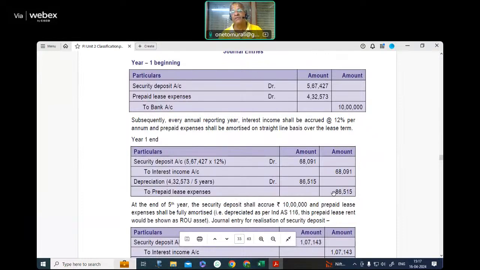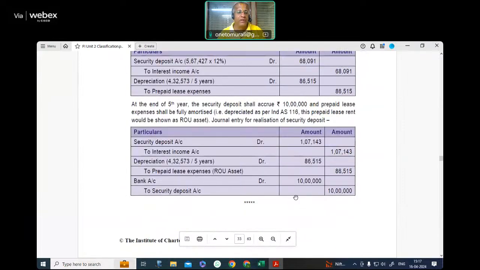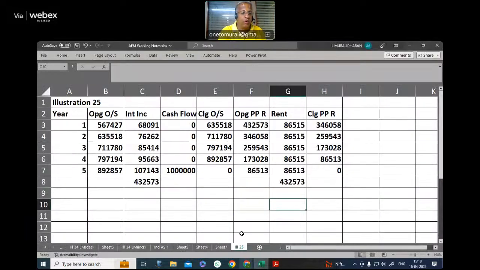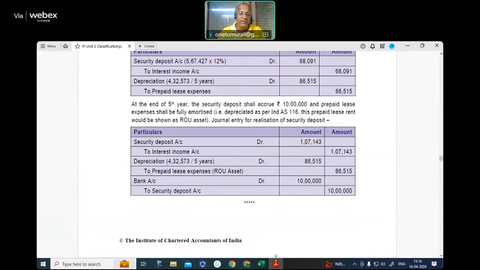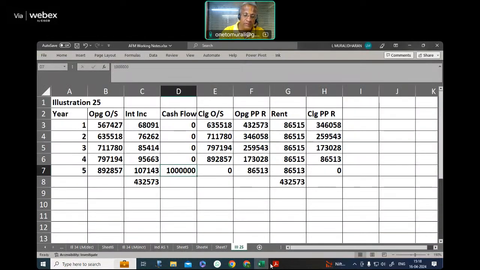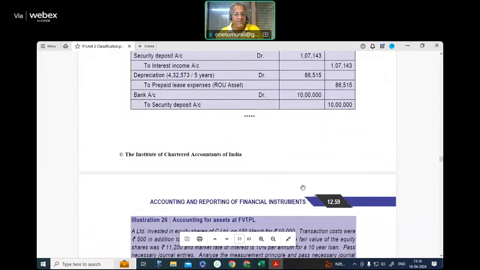They called it out as depreciation, whereas we have called this rent. Then deposit income in the last year, 107, 143. And the last year depreciation and the sum was paid, 10 lakhs you paid. So with that, illustration number 25 is getting over.